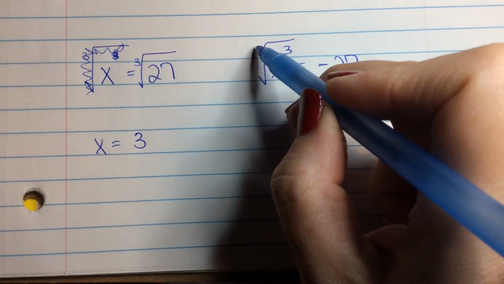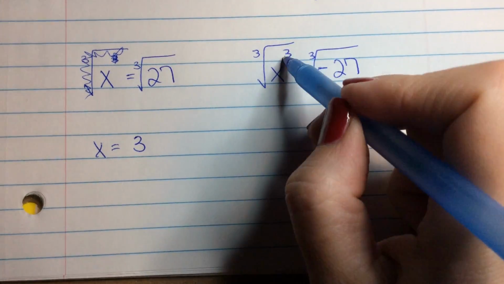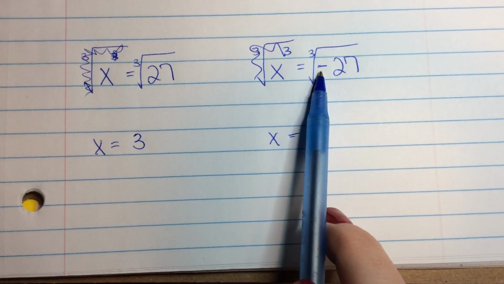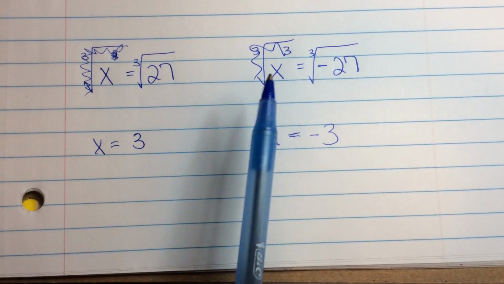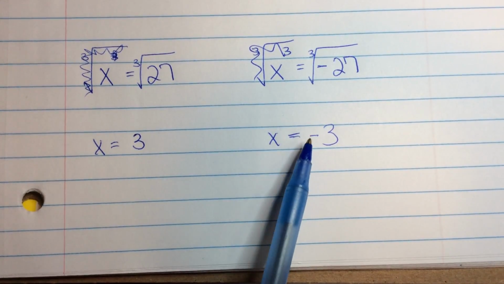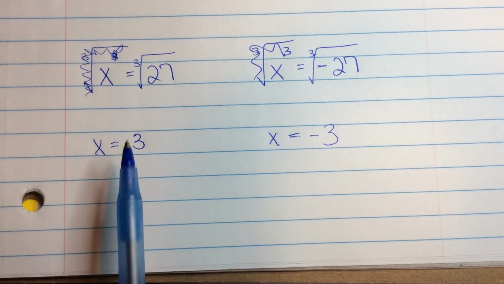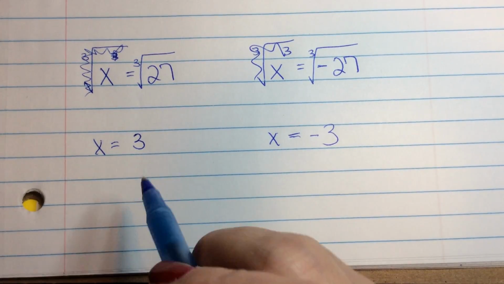Then we would have taken the cube root of that, and we would have done all the same work, but we would have got negative 3 as our answer, and not positive 3. The original problem has to be negative for the answer to be negative. If the original problem is positive, then the answer will be positive. Cube roots only have one answer.